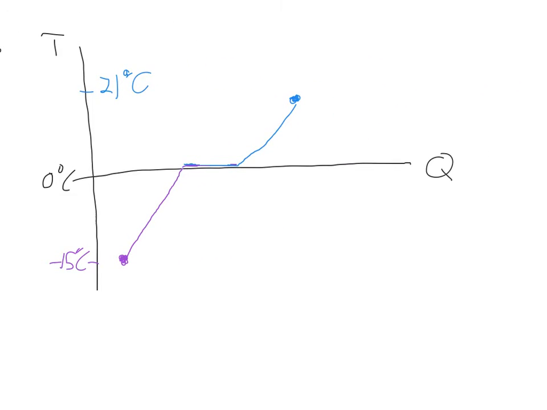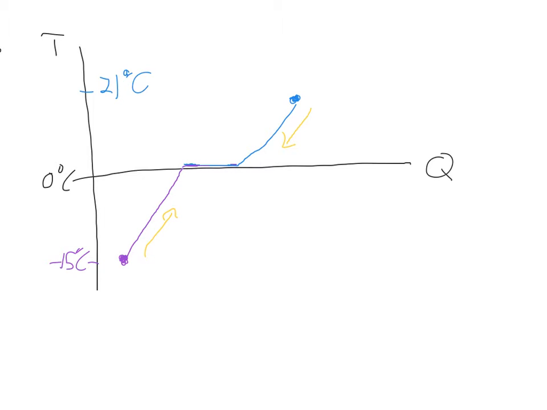So that's our situation. Now what's going to happen is we know that heat is going to flow from the warmer object to the cooler object. So there's going to be a tendency for the water to move down as it gives heat away to the ice, and the ice is going to move up this direction as it gains heat from the water.